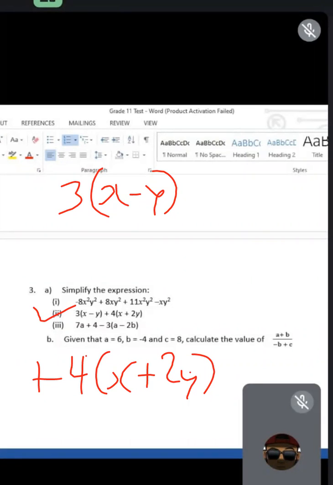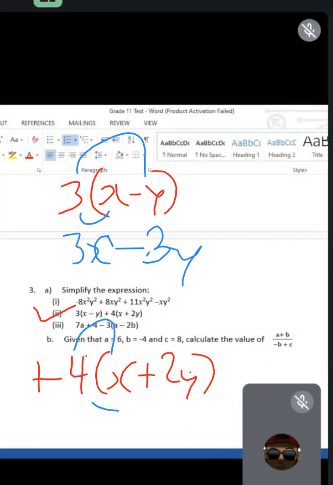So 3 times x, we'll have 3x. Minus, all right, let's draw a line here then. Minus 3 times the y. All right, so we have 3x minus 3y.